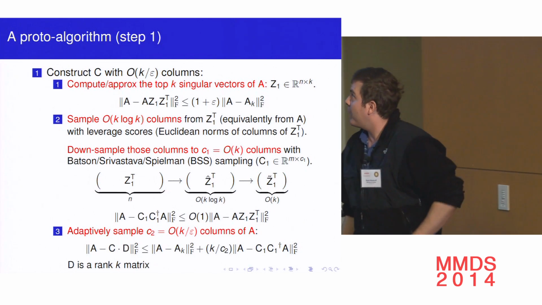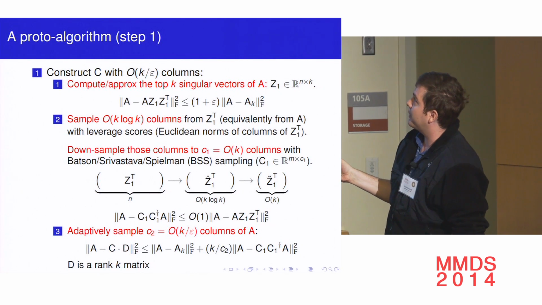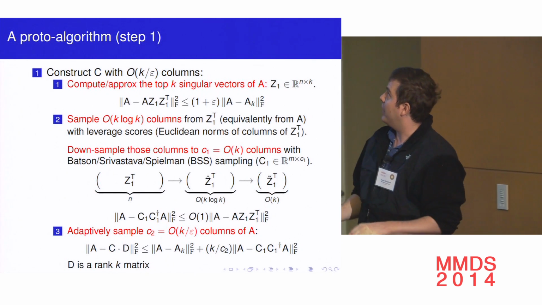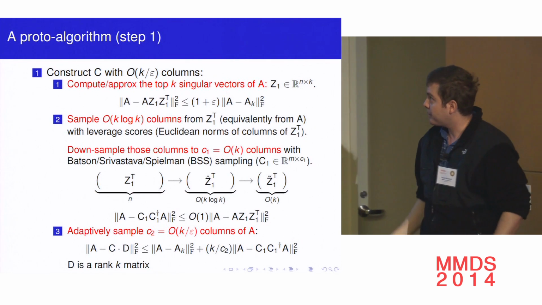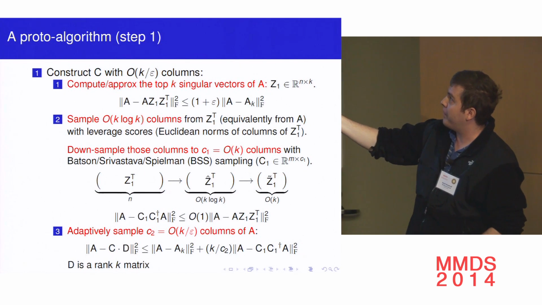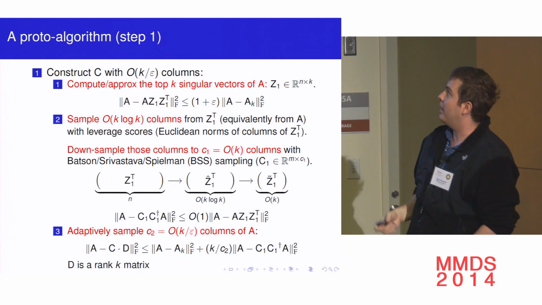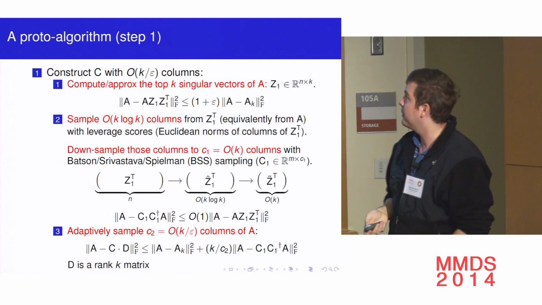What I mean by approximation is we would like to choose a projection matrix Z1, Z1 transpose, where Z1 is an n by k matrix with orthonormal columns, so that when I project the rows of A onto this space, my cost is at most 1 plus epsilon times the optimal cost.